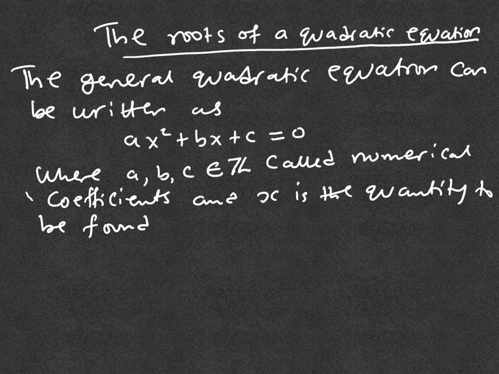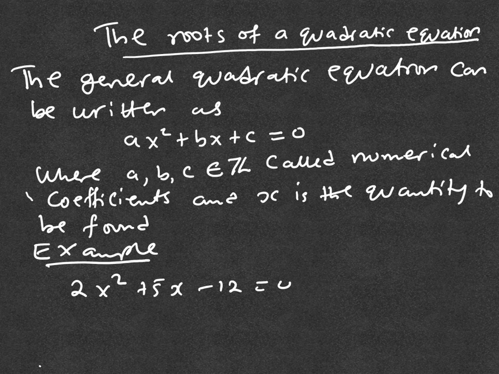Okay, this is an example of a quadratic equation. Let's look at 2x squared plus 5x minus 12 equals 0. Here a equals 2, b is equal to 5, and c equals negative 12. Okay, these are integers.